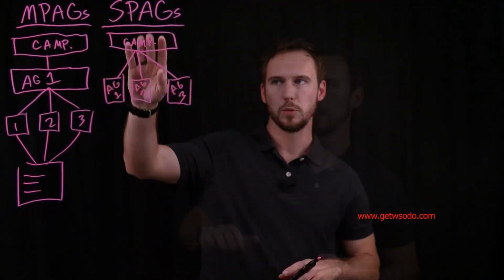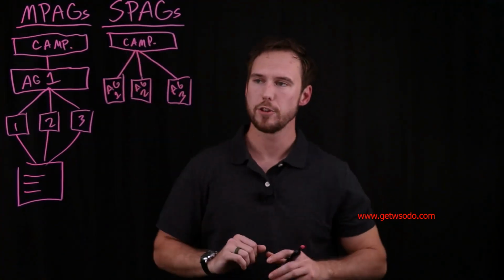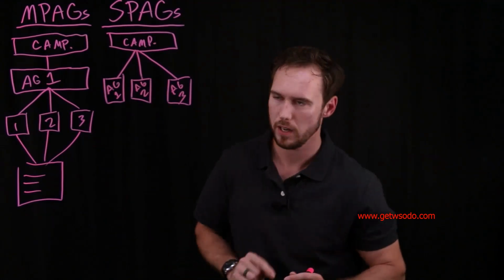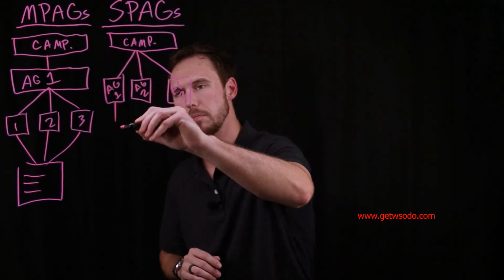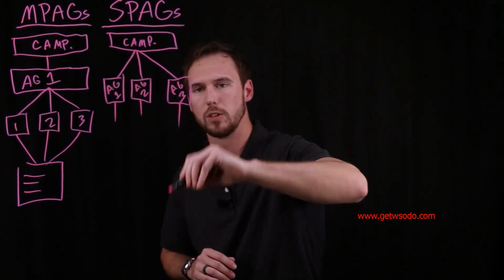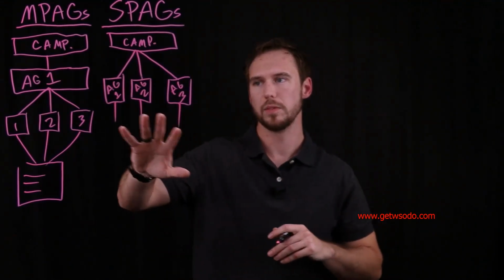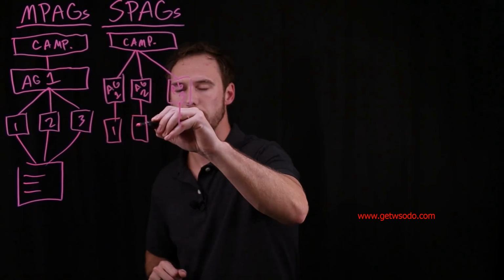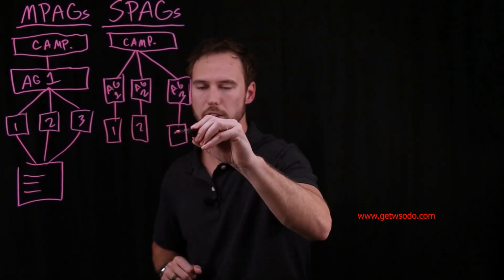So within that campaign, it's broken down to 3 ad groups. Inside of each of these ad groups, there's only going to be one product, single product ad groups. Makes sense, right? So inside that ad group, we've got product 1, product 2, and product 3.